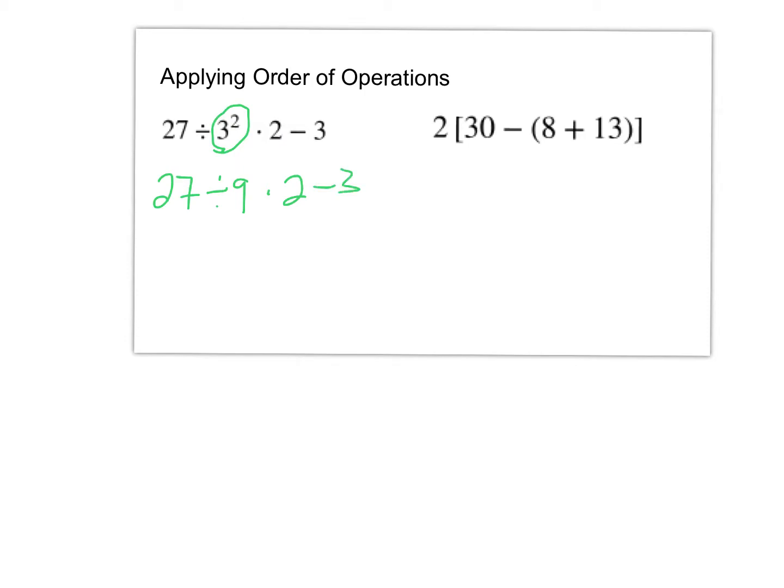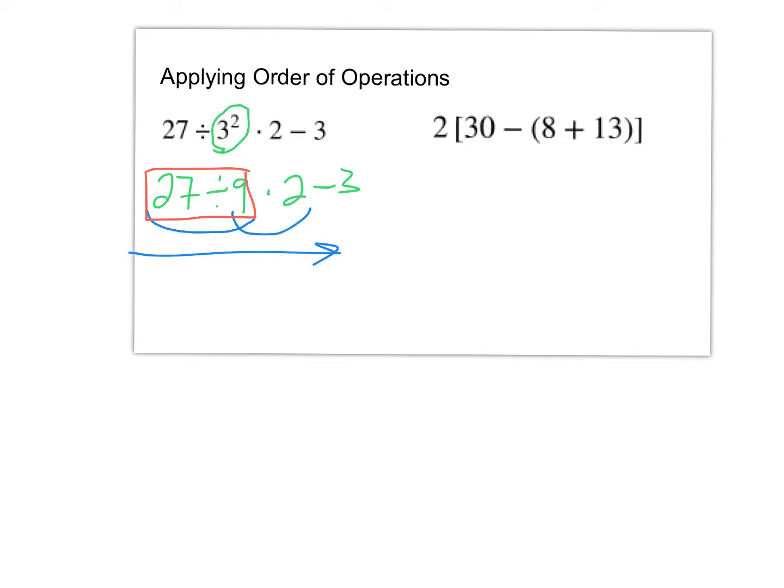Now, exponent is done. Now it's multiply and divide. But notice, we have a divide and we have a multiply. So it's whichever we come to first when working from left to right. So in this case, because I get to the division first, that's what we do first.